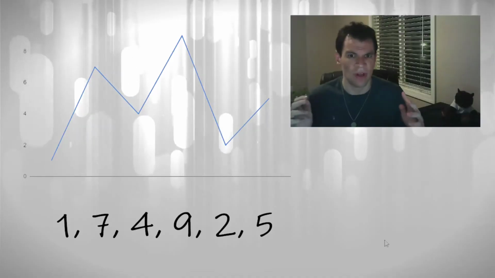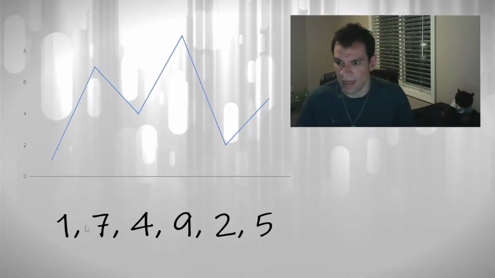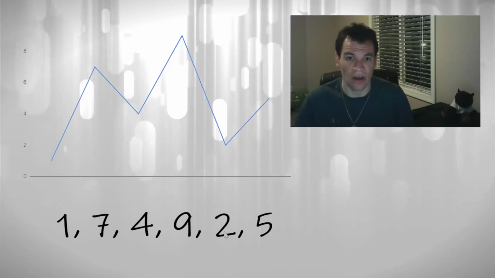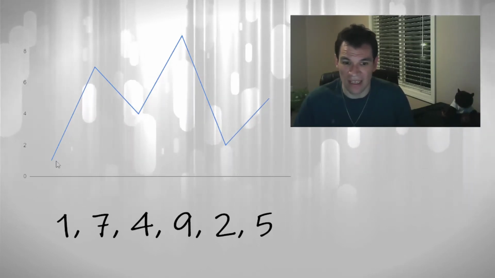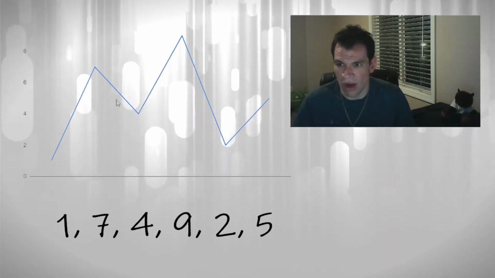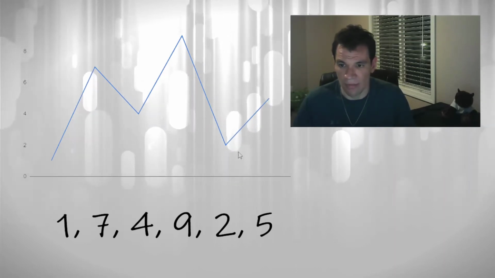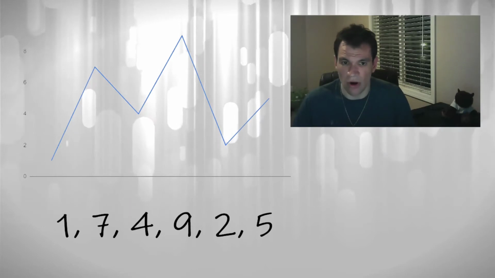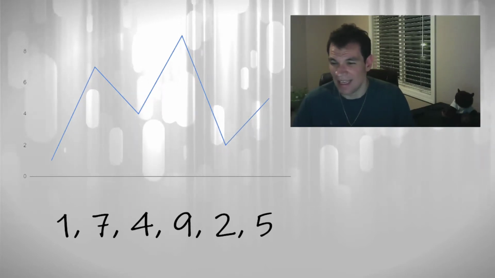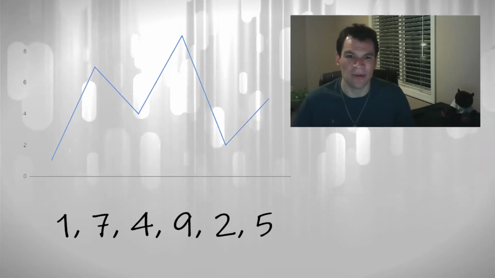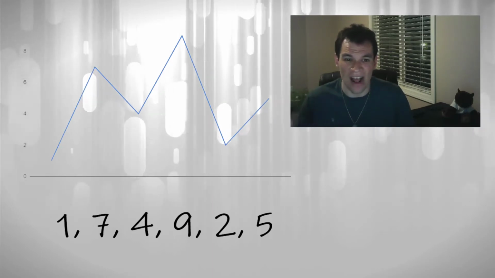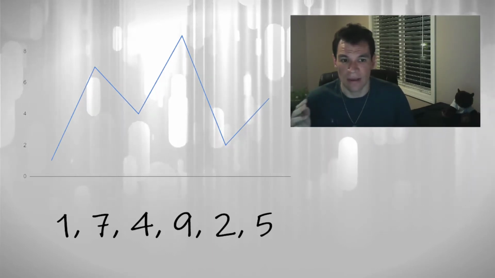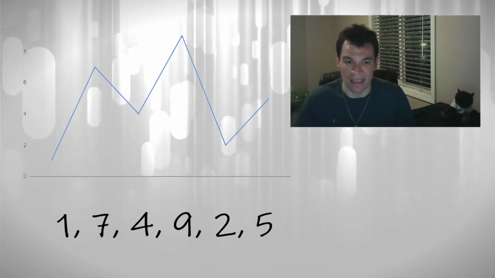A sequence of numbers like this one over here is called Zig-Zag if, when plotted, it goes up and down in every step like this. Or more precisely, if the difference between successive numbers strictly alternates between positive and negative.